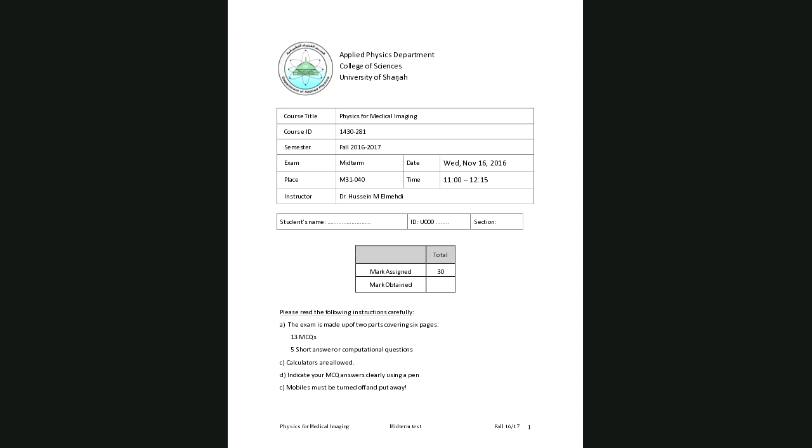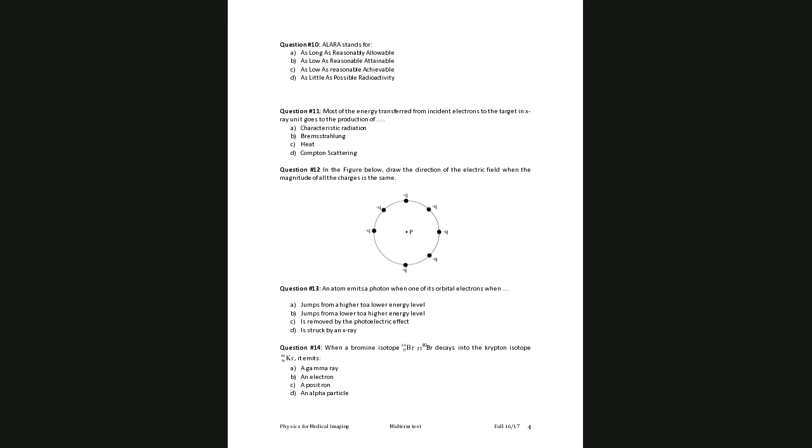Before I go to question 16, let me discuss this question here, because there was an issue with it also. A lot of you did not get this question; I think only 2 students got the answer right. The question is asking you, with all these charges distributed on a ring, to find the direction of the electric field when the magnitude of the charges is the same, at this point P.